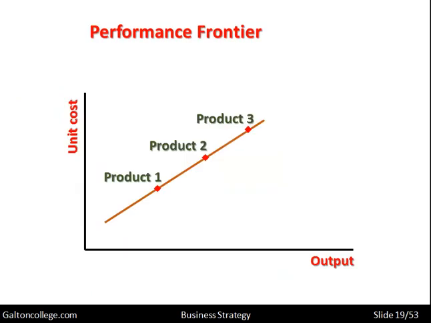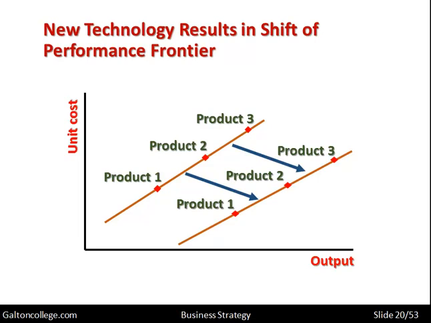Now we can imagine a production frontier. So we have, let's say, 3 products here, 1, 2 and 3. And we have the unit cost on the vertical axis and output on the horizontal axis. Now, if we have that situation where we just plot the unit costs for the 3 products against output, excuse me, if we introduce new technology, then it may be the case that we're able to get more output per pound spent.